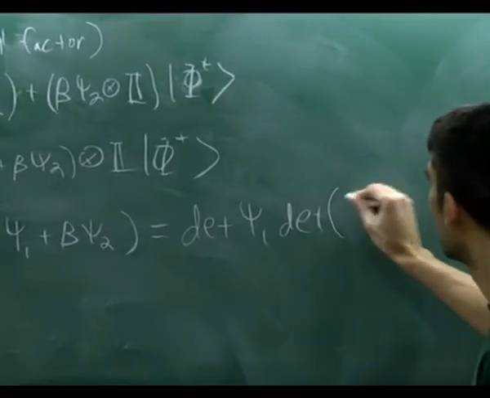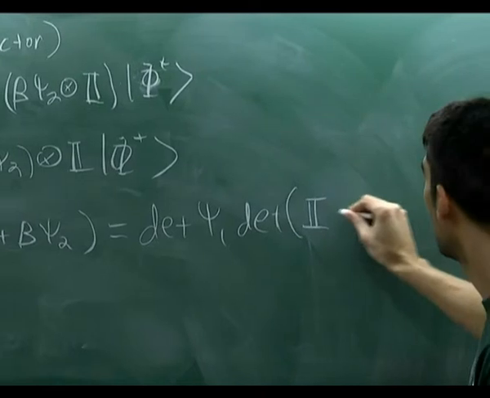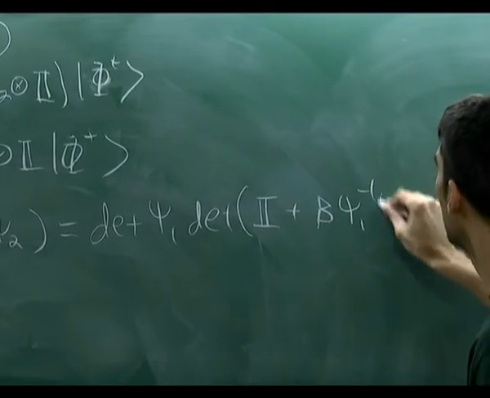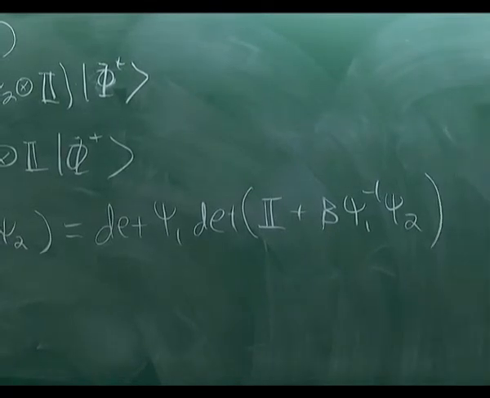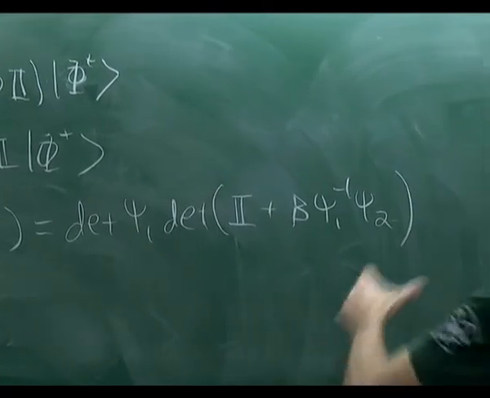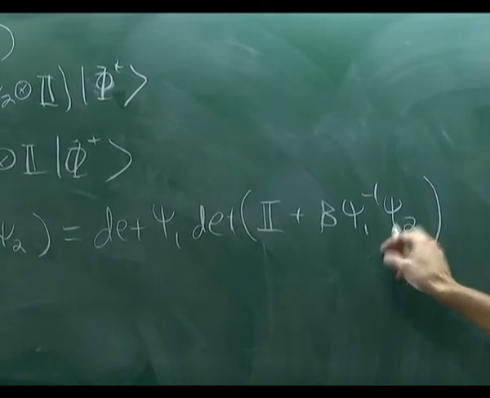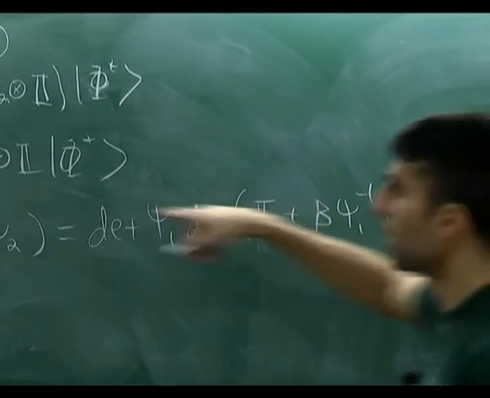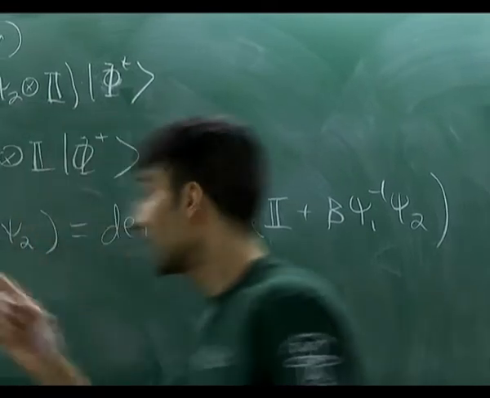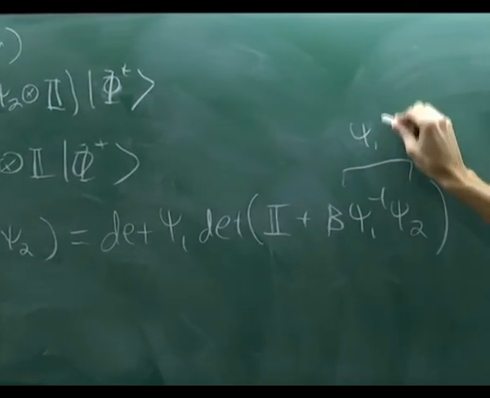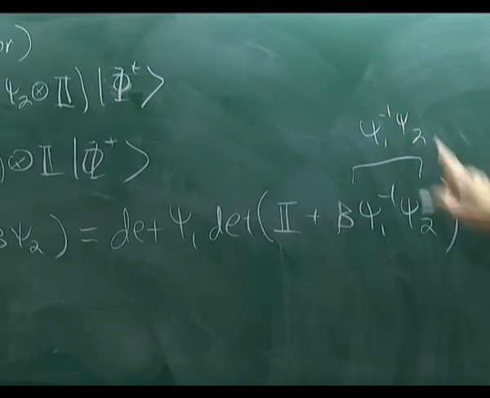Then we get I plus beta psi 1 inverse psi 2, just factoring out this psi 1. We recognize this: beta is our parameter here, and this is the characteristic equation for the matrix psi 1 inverse psi 2.